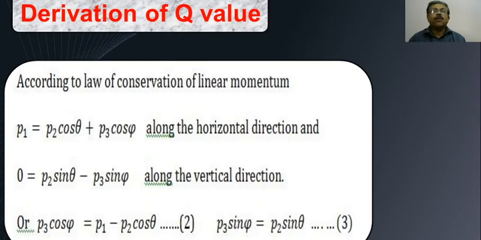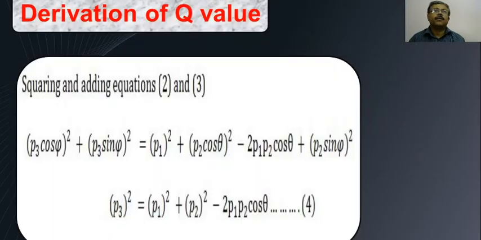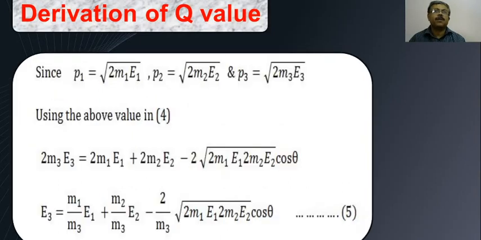According to the law of conservation of linear momentum, we can think of the conservation principle along the horizontal direction and vertical direction separately. Now squaring and adding these two equations, we get P3² is equal to P1² plus P2² minus 2 P1 P2 cos theta.